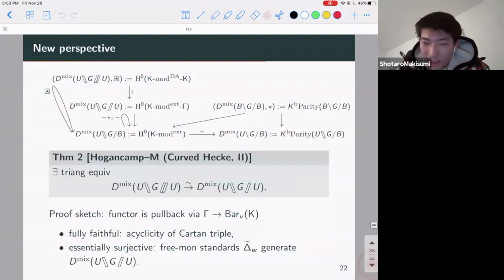Okay, so here's the updated picture now. I'm sorry, there are so many categories, but this is kind of the nature of the work. So here's the picture from before.